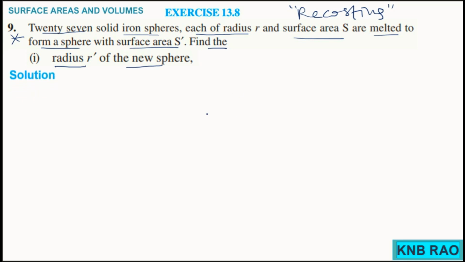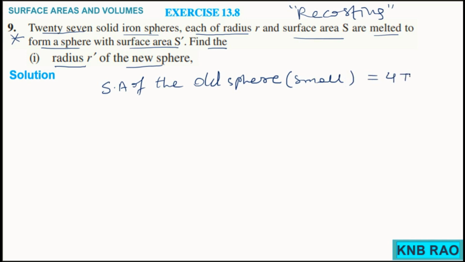Now in the solution of this, first the surface area of the old sphere, the small one, is 4 pi r square.